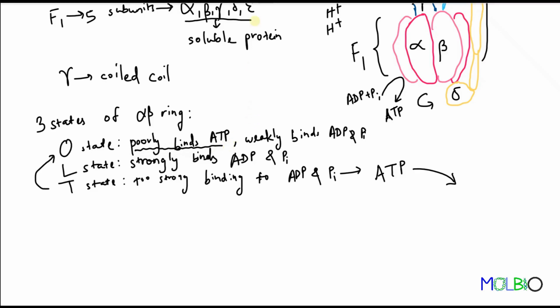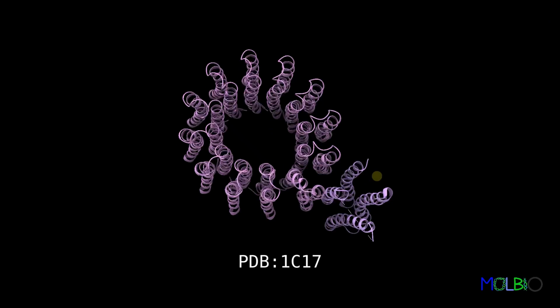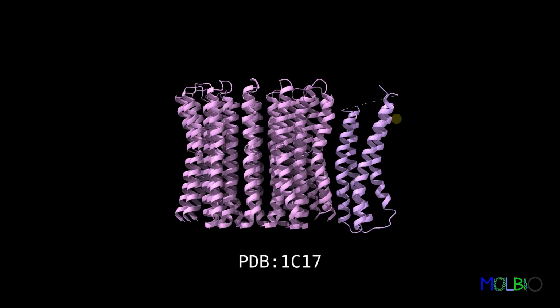Now we can go and look into some of the molecular details. Okay, so here is a structure of the 12 C subunits and 1 A subunit. This structure was obtained by NMR from the Escherichia coli F0 subunit.